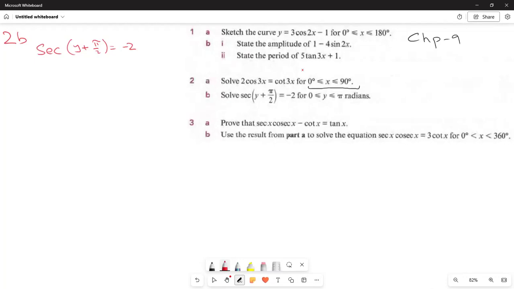Okay, so secant is 1 over cosine. Am I right? Cosine of (y plus pi by 2) is equal to -1 by 2. Right?